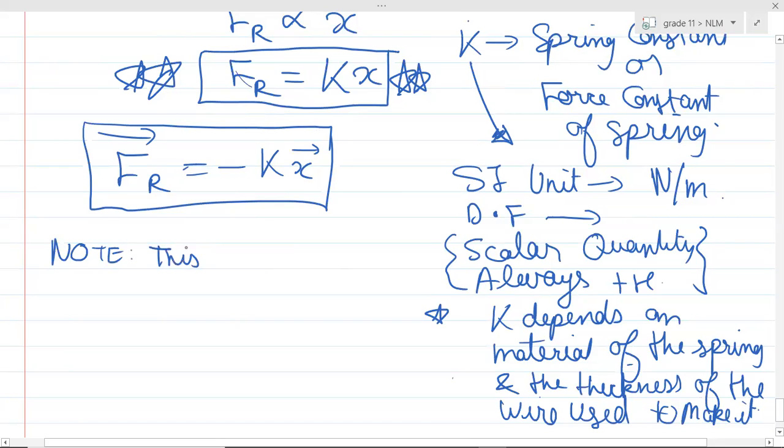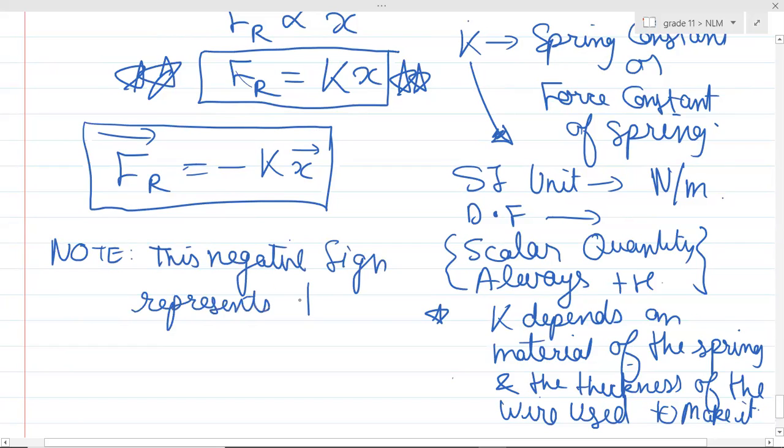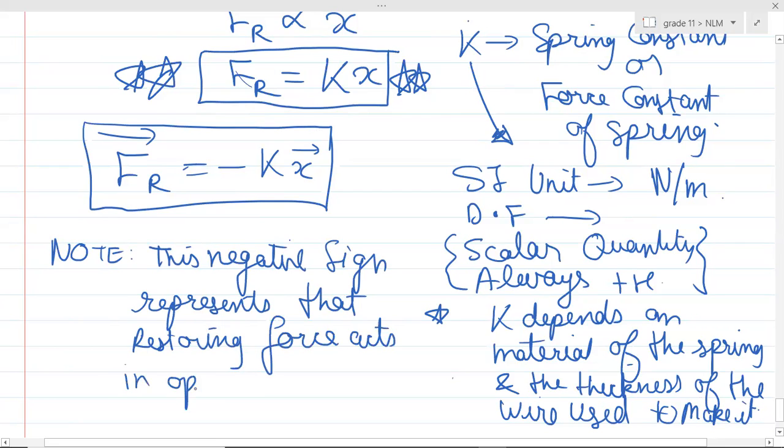The negative sign represents that the restoring force acts in the opposite direction of that of deformation.